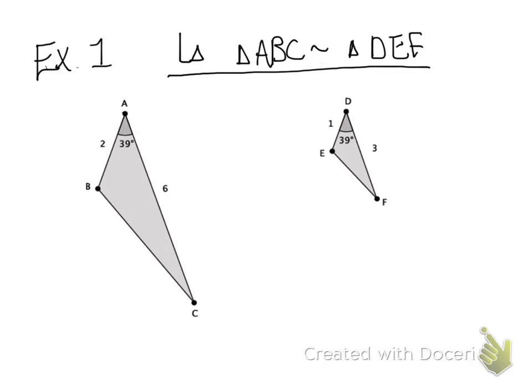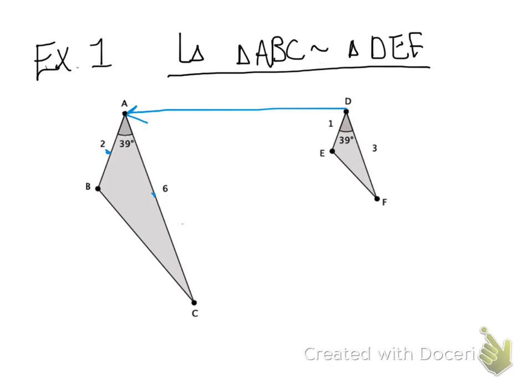So what I'm going to do is think about translating triangle DEF to where the two matching angles coincide, and I'm going to just mark approximately where points D and F would be right in here somewhere.